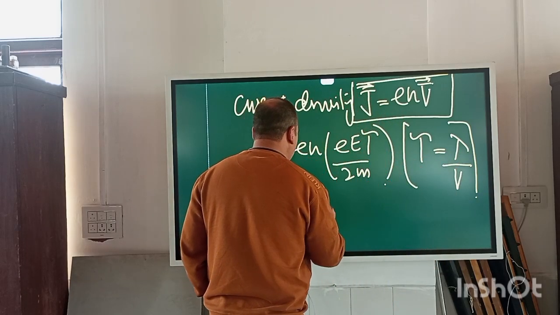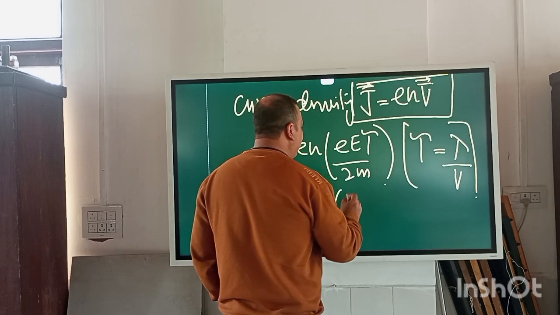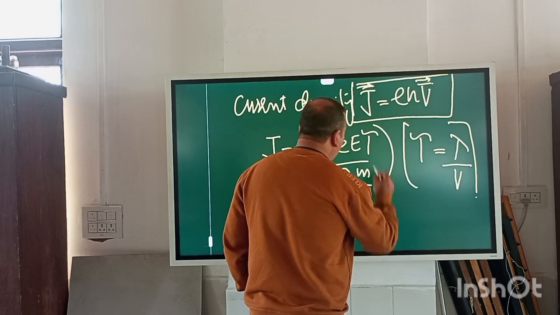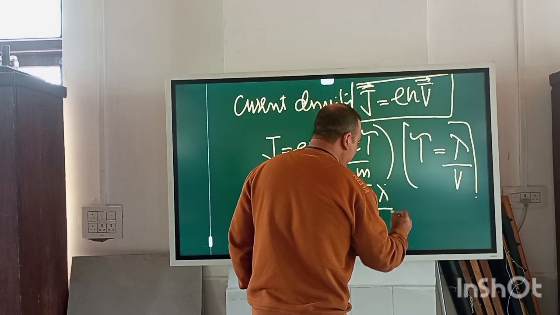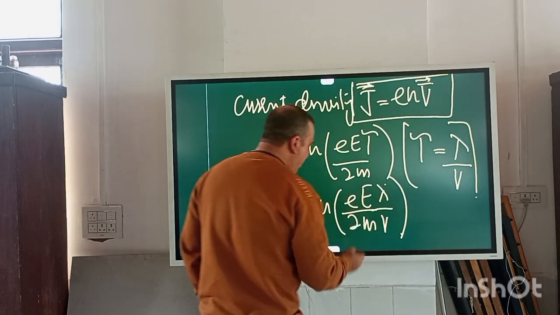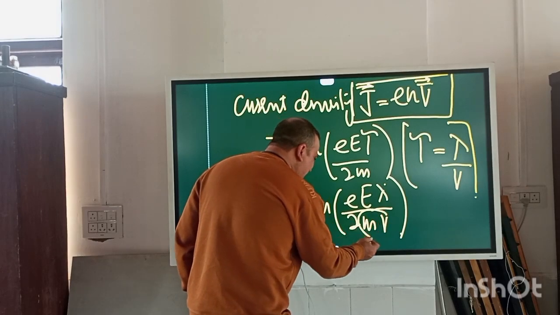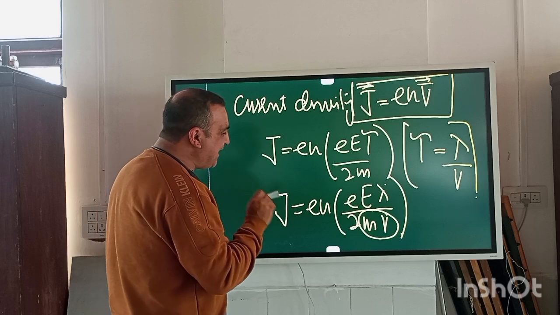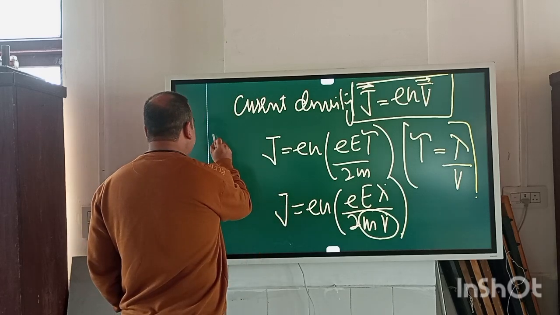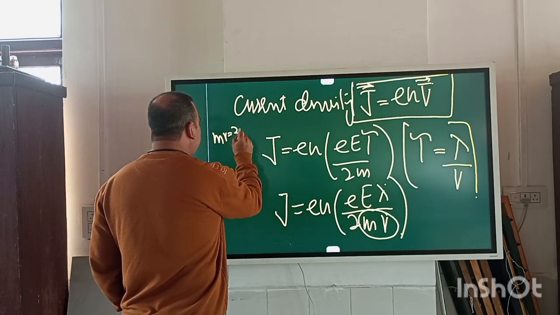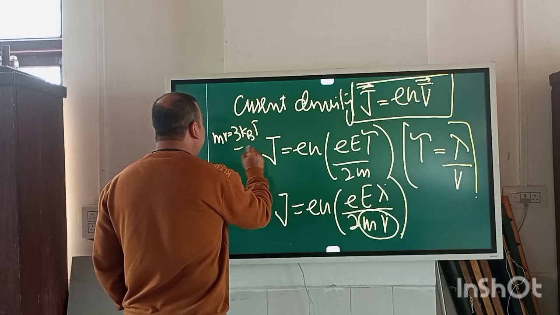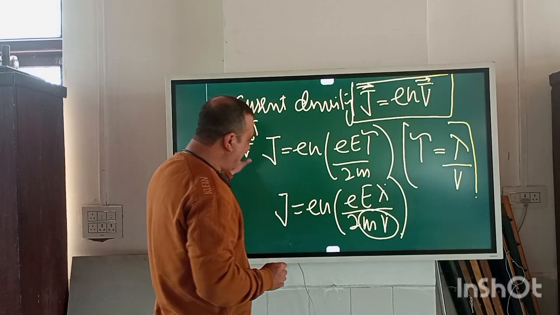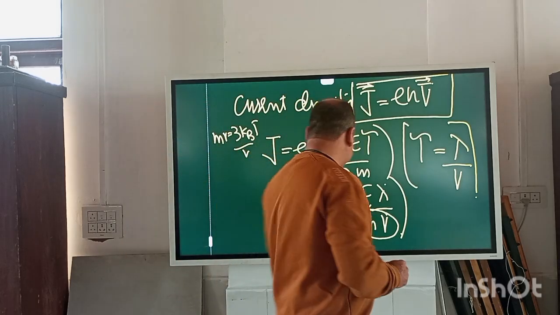So I can use this tau here in my equation, this will give me J equals e n times eE by 2m. For tau, I'll be using lambda by v. Now, if you go back, this mv squared that I had calculated was 3 kB T. So for this mv squared, I will be using this result that I have already obtained in this lecture.